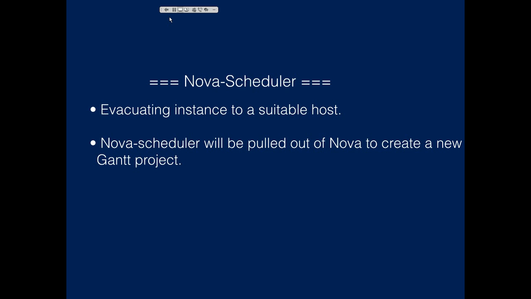But now you can do away with the host name. You just do nova evacuate and the name of the instance, and the scheduler will decide a suitable host for you and migrate that instance to that node. One thing to note here: it's not live migration, it's a dead migration. Evacuation is basically used when your node is dead.